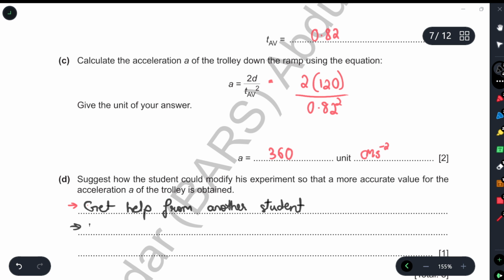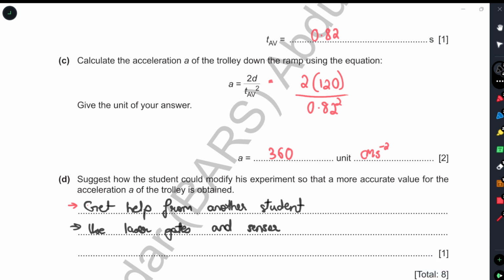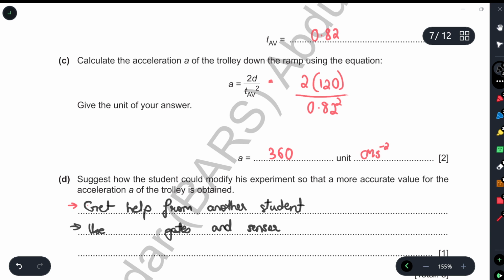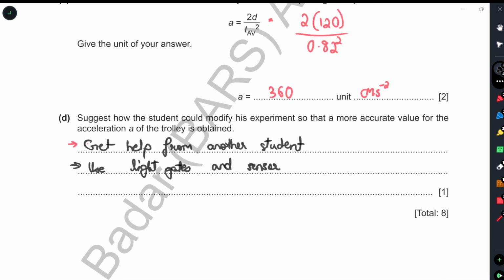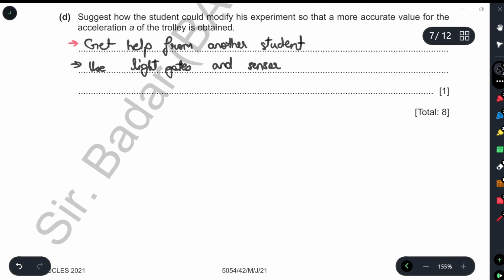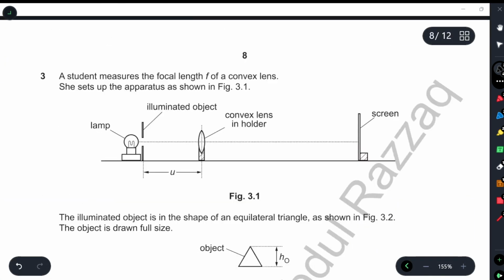We can say use laser gates and sensors. मेरे ख्याल में laser gates जो है मैं गलत कह रहा हूँ. I'm thinking that light gates would be what is the proper word for it. So let's just say that we are using light gates and some sensors to measure the time, so on and so forth. ठीक है, तो इस तरह से आप इसका आंसर देंगे.